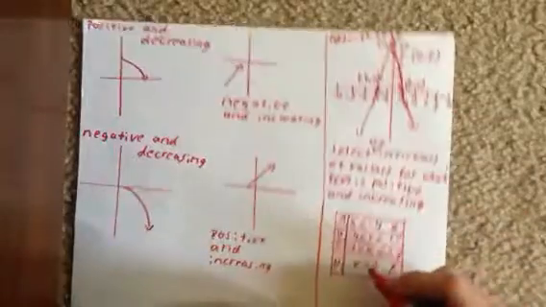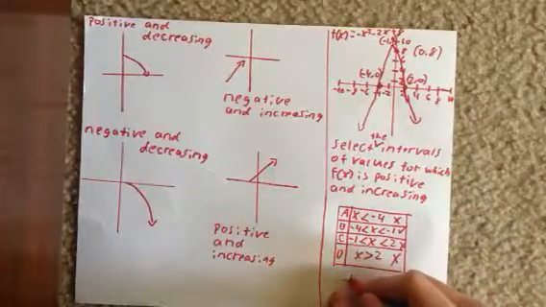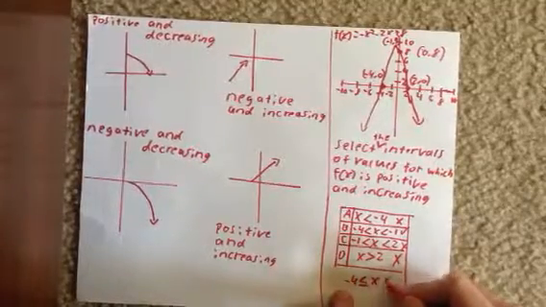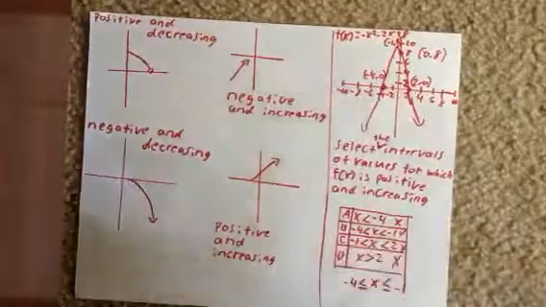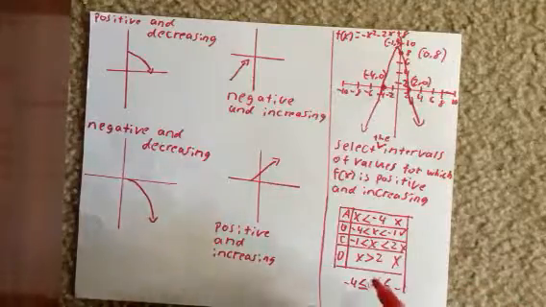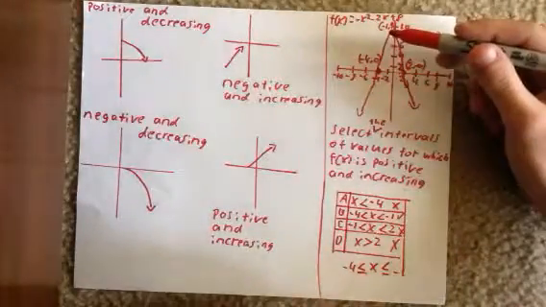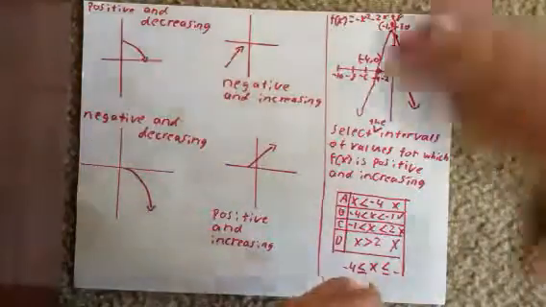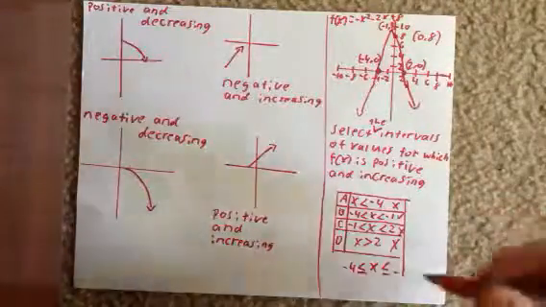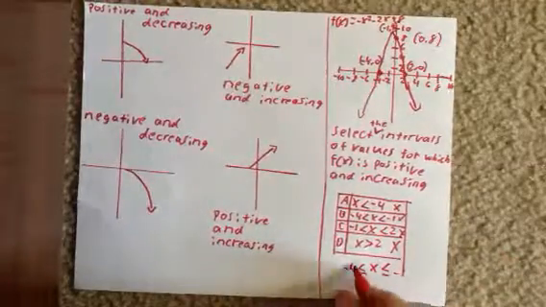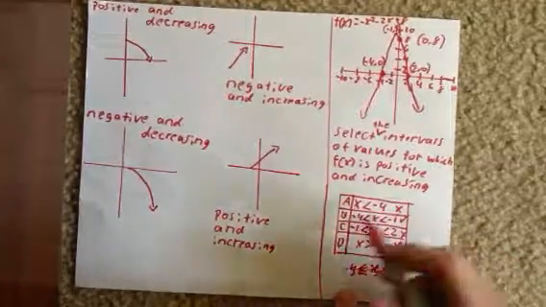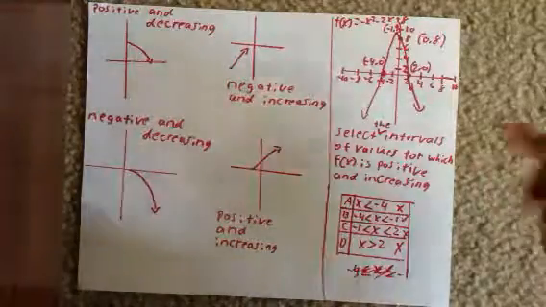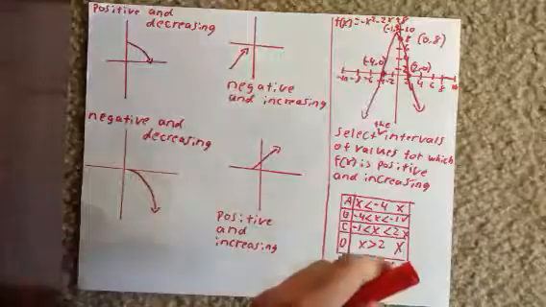That is why it does not say that, because at those points it is not positive, it is not increasing or decreasing, it is at an even field. So this would not be the right answer. That would also be incorrect. It would have to say negative 4 is less than x and x is less than negative 1. It cannot be less than or equal to.